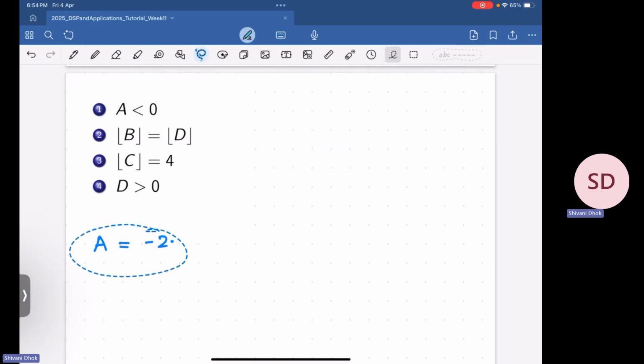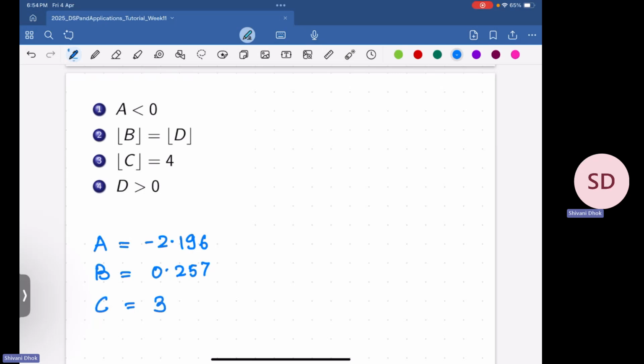We have obtained a as minus 2.196, b as 0.257, c as 3.196, and d as minus 0.2056. Now let us focus on all the options one by one.